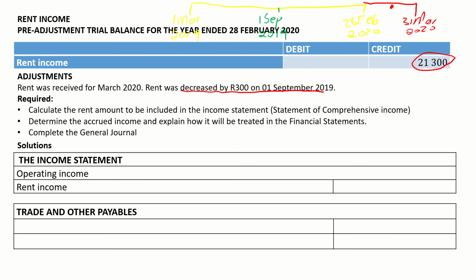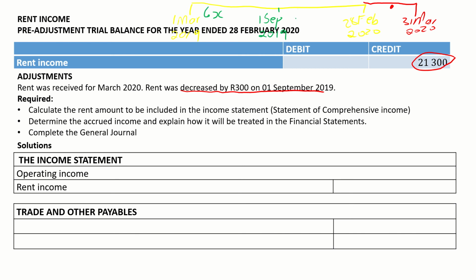What was my rent though? My rent was simply x. I don't know how much it was. It was x from the 1st of March, so I'm going to count from March: March, April, May, June, July, August. I don't count September because it was decreased on the 1st of September. So that will be 6 months, so I am going to have 6x.